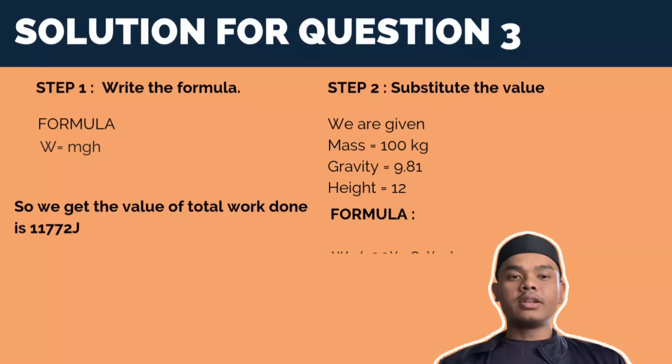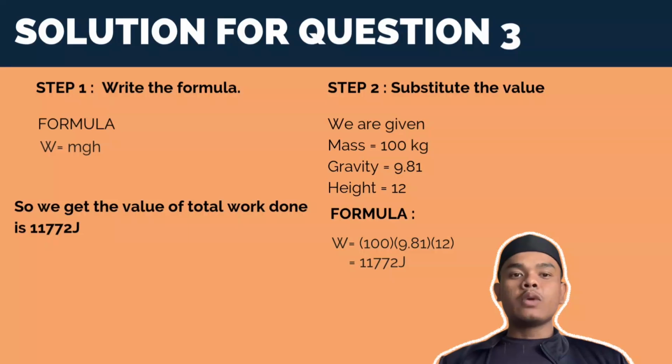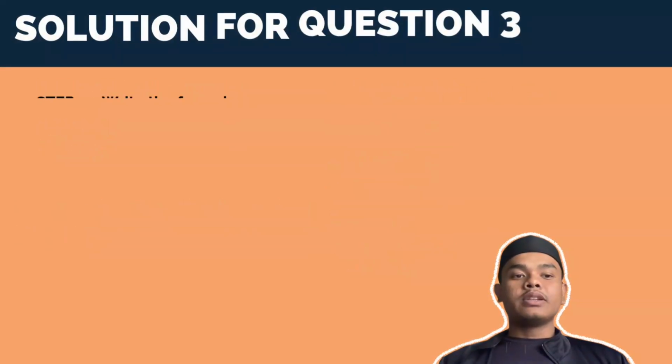Solution for question 3. The first step is we need to write the formula that we stated before, which is W equals m times g times h, and then we substitute the value given. So we are given mass equals 100 kg, gravity equals 9.81 meters per second squared, and height equals 12 meters.